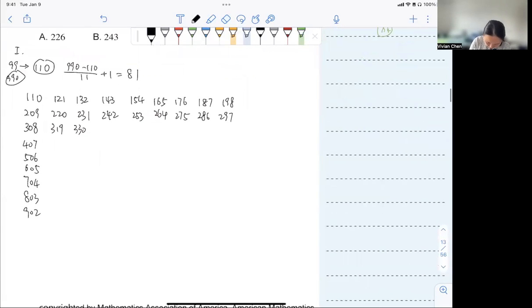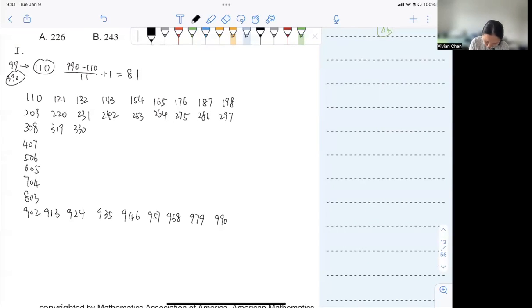And you can just write out the list of the multiples of 11 in the 900s. So this will be 902 plus 11, 913, 924, 935, 946, 957, 968, 979, and finally 990.